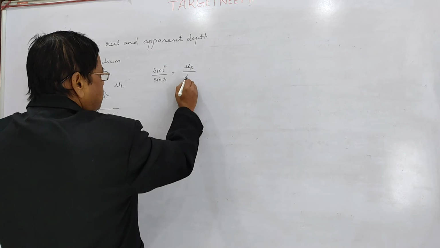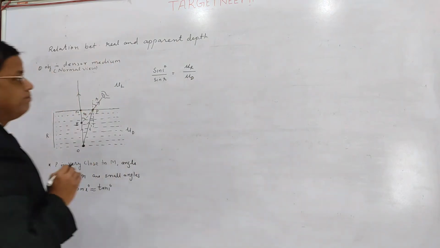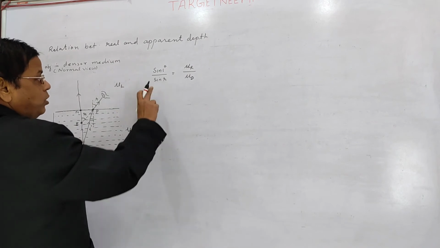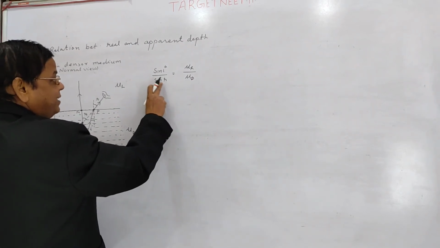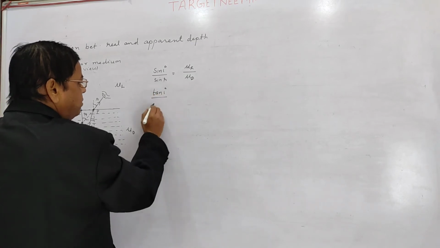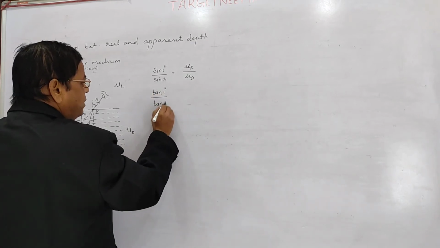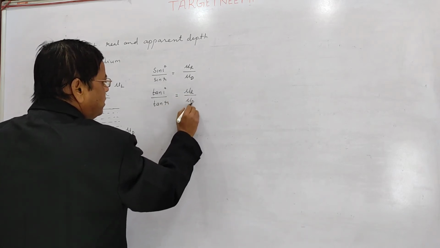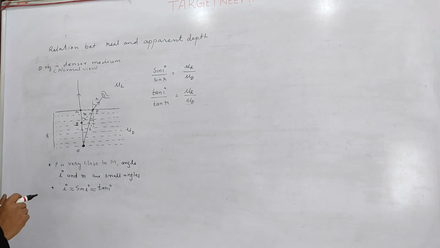Here it is denser medium, so mu D. Now in place of sin I I can write tan I because angle is small. In place of sin R I can write tan R, so tan I divided by tan R is equal to mu R over mu D. I can write it like this. Now here there are two triangles.